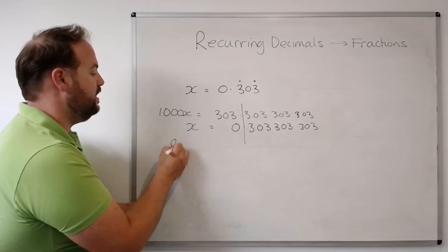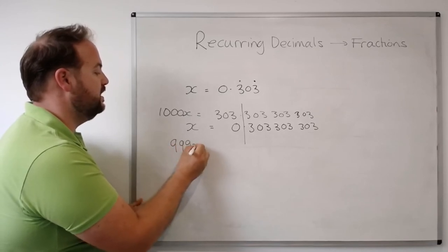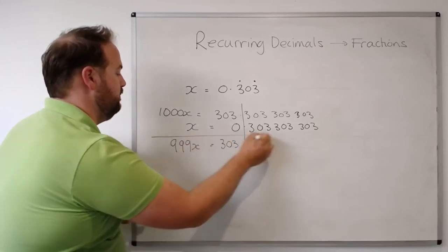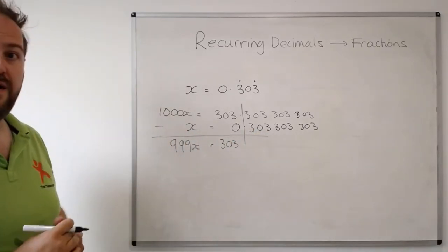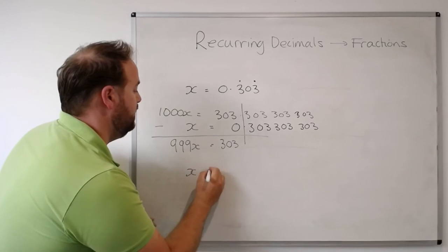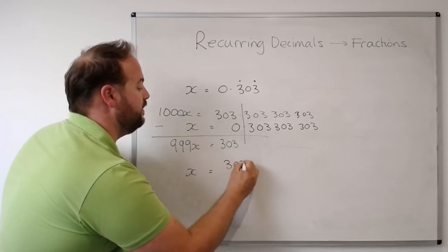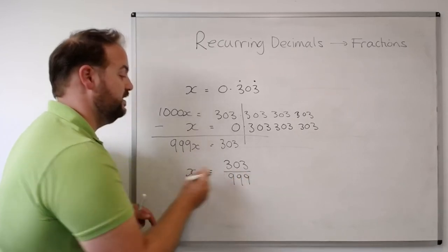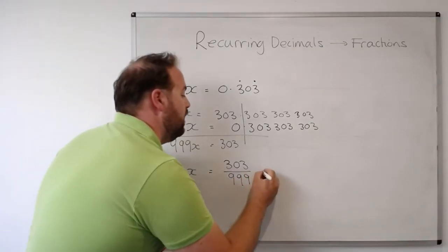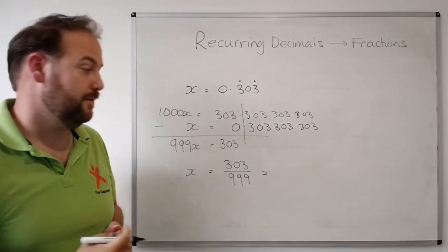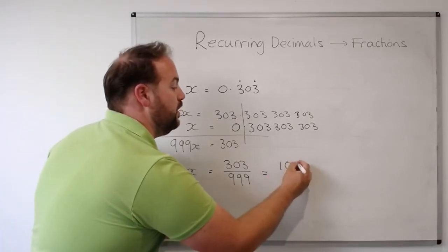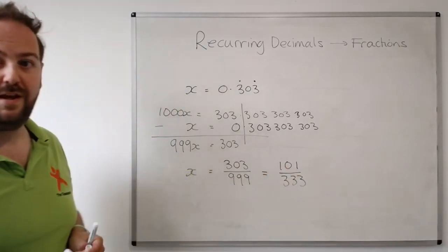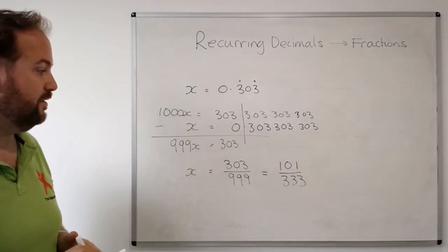You're left with 999x equals 303. X is therefore 303 divided by 999. Both numbers are on the 3 times table. 101 over 333. And that would be the final answer on that one.